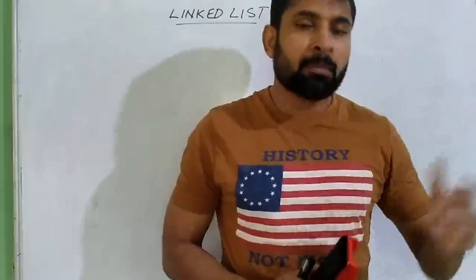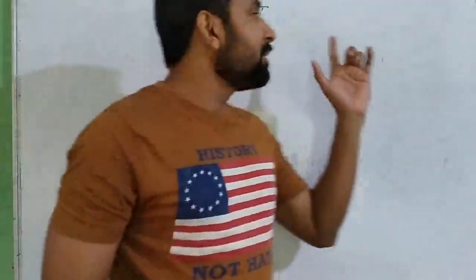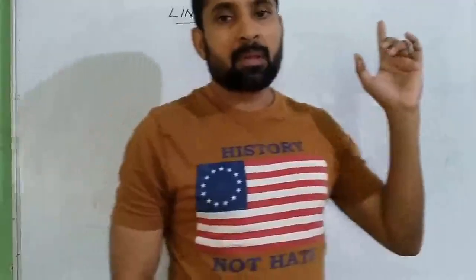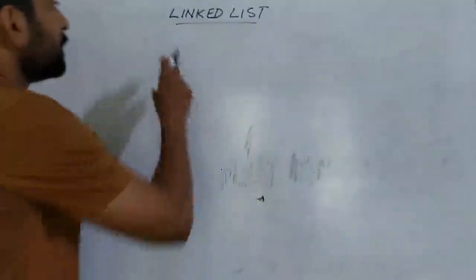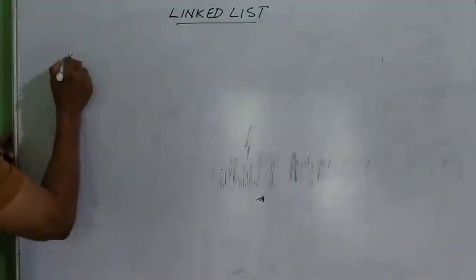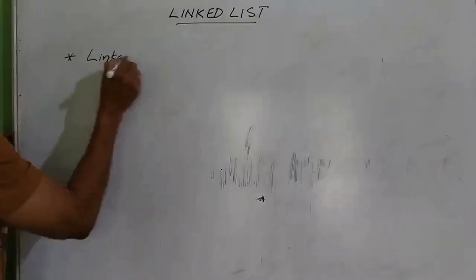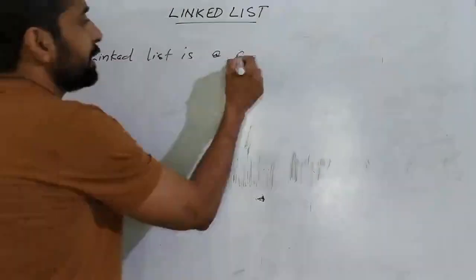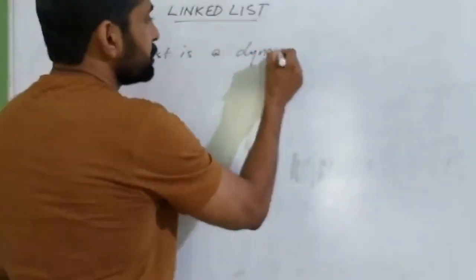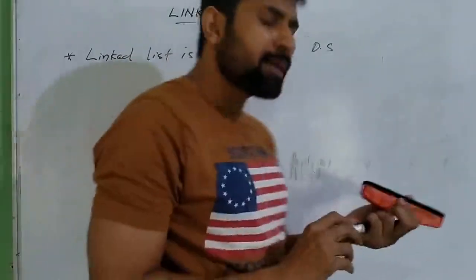Apart from stack and queue, this linked list is a dynamic data structure. What does it mean?